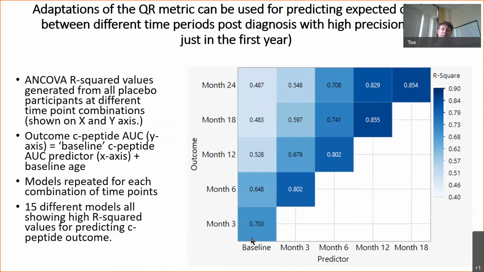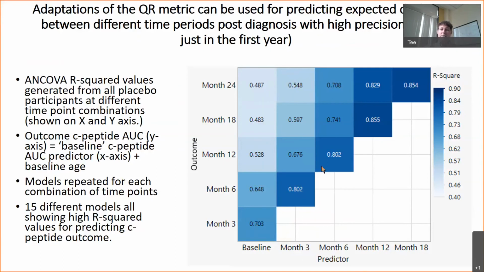So not surprisingly, you can see that the predictability is better when you look at a very close time horizon, just like you have more certainty predicting the weather tomorrow than you do a month from now. As you move farther into the future, here's 2 years, your R-squared value drops to about 0.49 from 0.7.